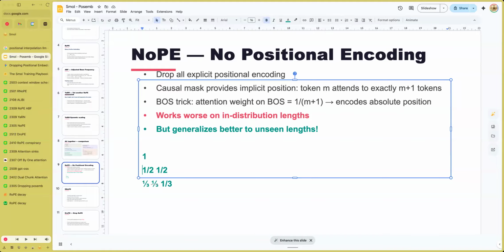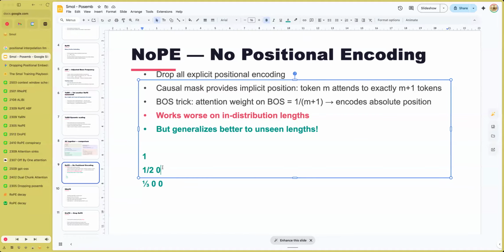But suppose we make a layer, or a small part of our hidden state, such that for the beginning-of-sentence token, which we don't always have but we'll talk about that, it always outputs one and all other tokens output zero, or very low values.